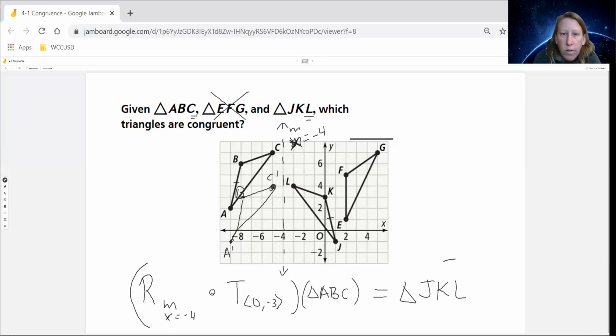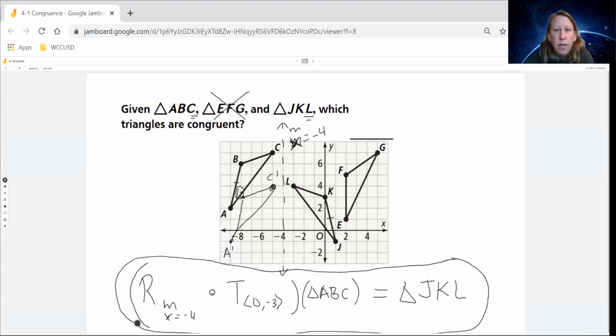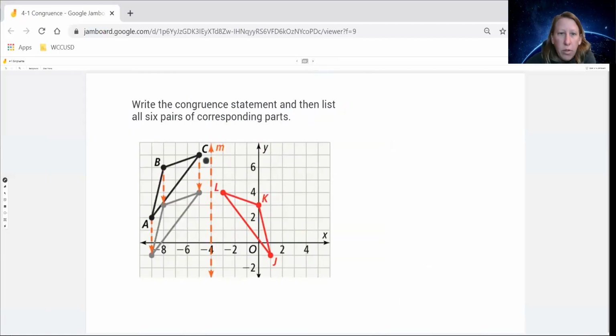So why are they congruent? They're congruent because if I take triangle ABC and slide it down 3 and flip it over this line M, it's going to match up perfectly. It's going to map onto triangle JKL. Oh, look at how beautiful this is.